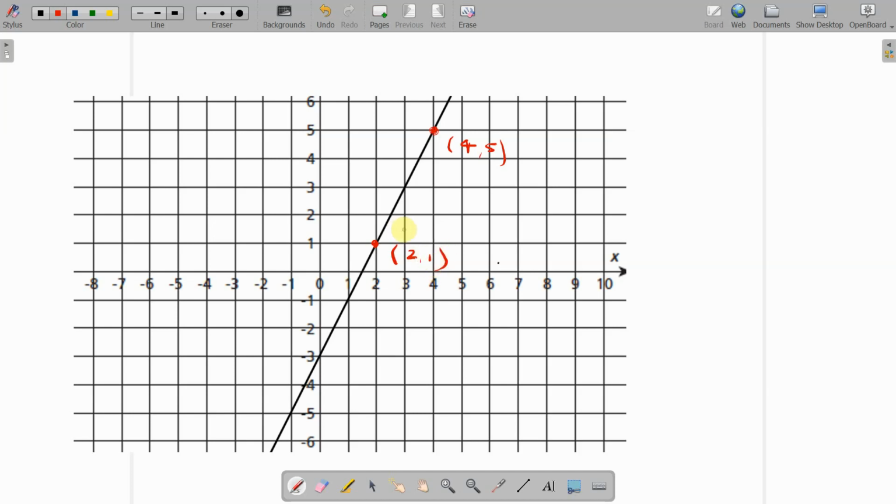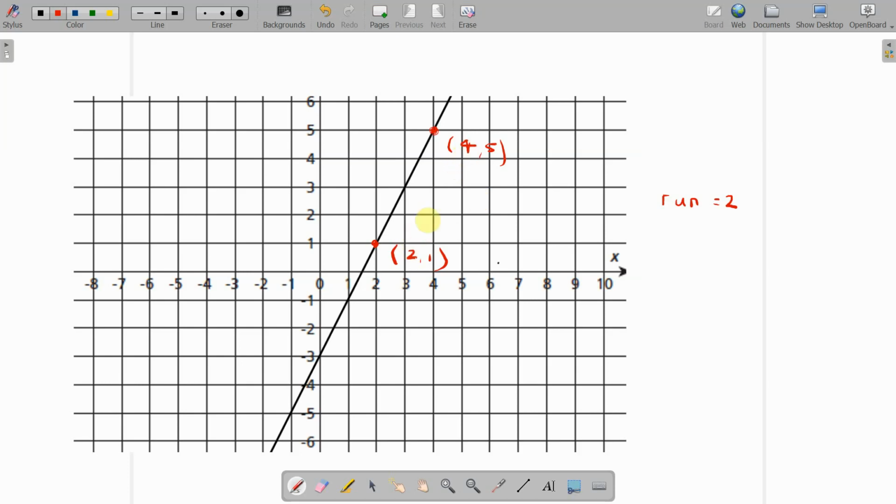Okay, now let's have a look at the first number of the two. We've got this one on 2 and this one's 4. From 2 to 4, that's the distance of 2. Well, that's our run. The first numbers give you the run.